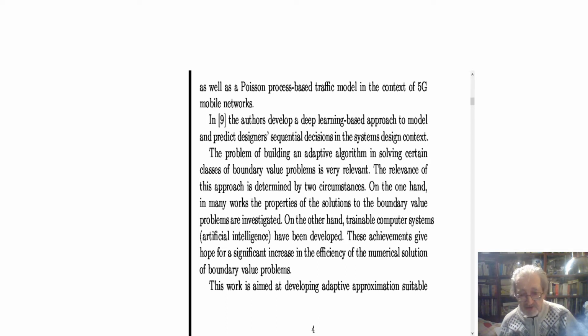The results obtained in this work make it possible to train a computer system on examples of problems with a known exact solution, as well as on examples of problems whose solution is approximately known. Numerical examples [13] illustrating the effectiveness of the proposed approach are given at the end of the paper.